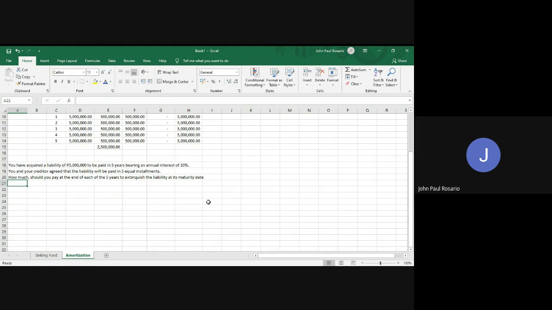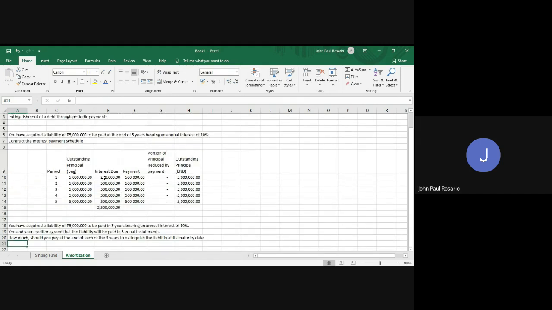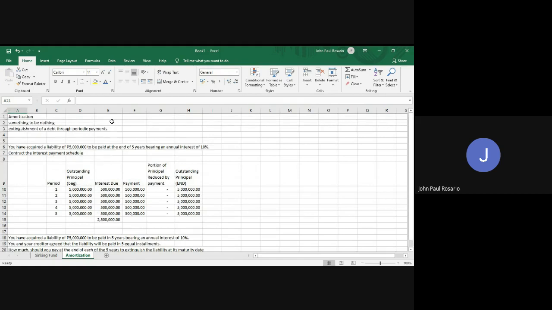So in this case, we have something and then it becomes nothing. Our goal is for something to be nothing. So this talks about the present value of an ordinary annuity, or this could also be a case for the present value of an annuity due.